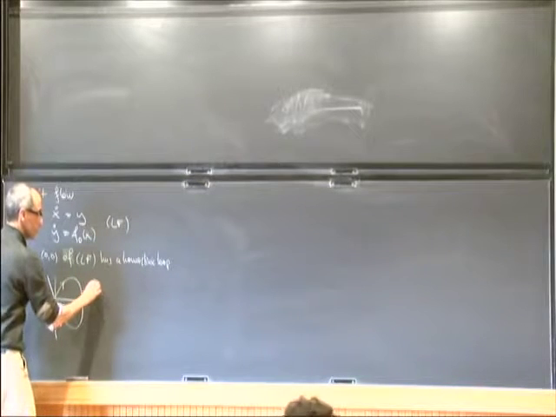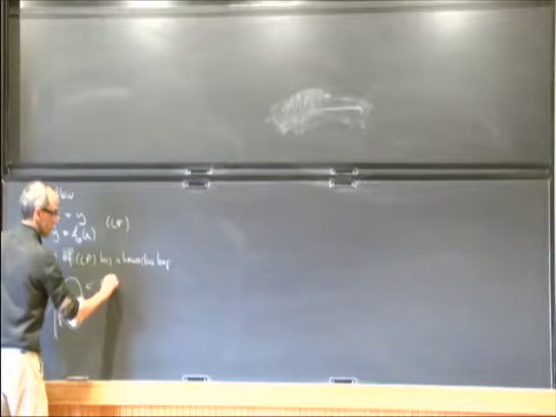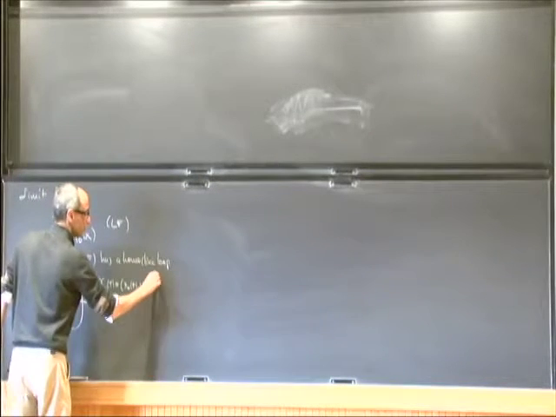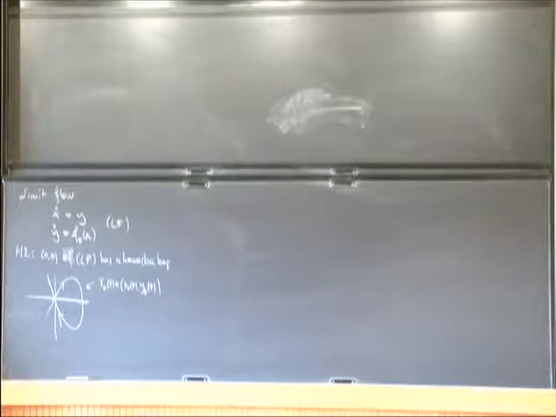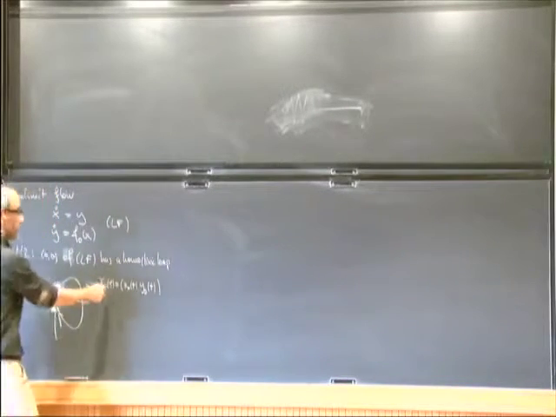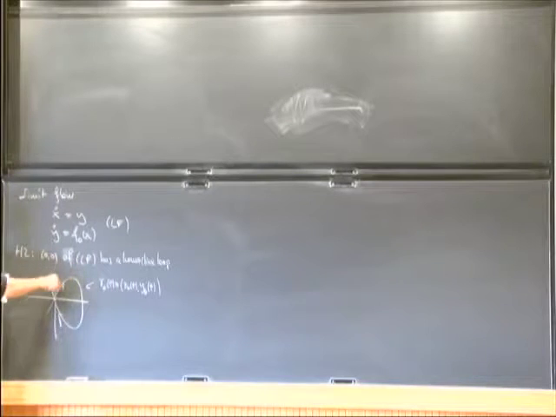This homoclinic loop, I assume, is given by this parametrization, and I assume that this parametrization is just the time parametrization. It means that when t goes to minus infinity, I go to the origin, and when t goes to infinity, I go again to the origin.